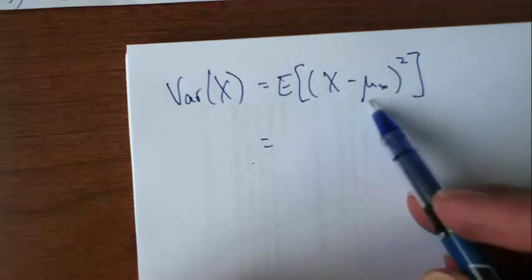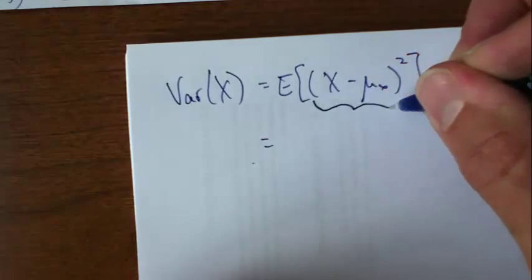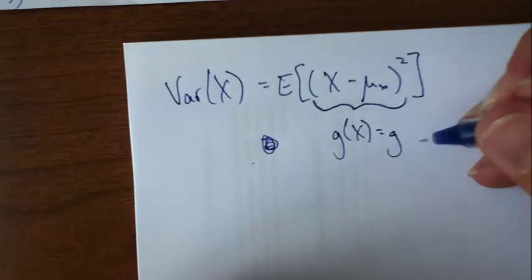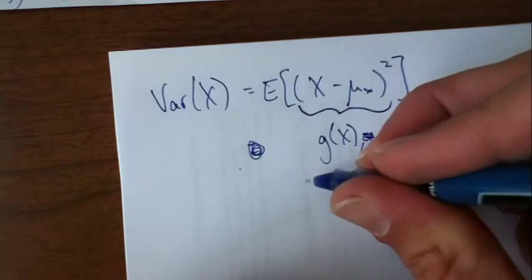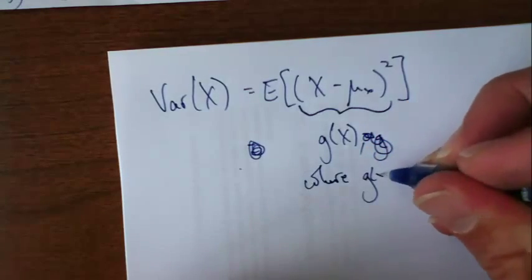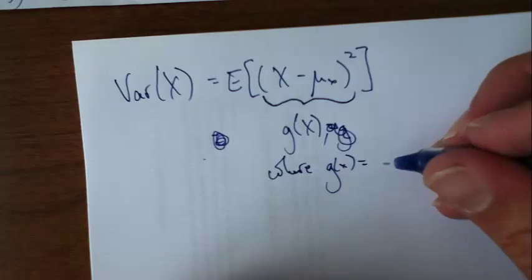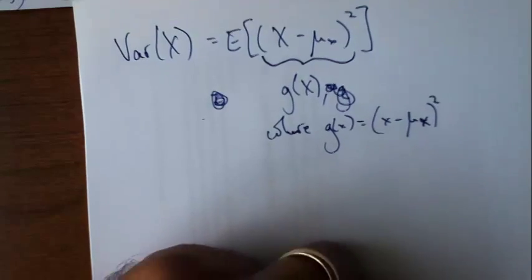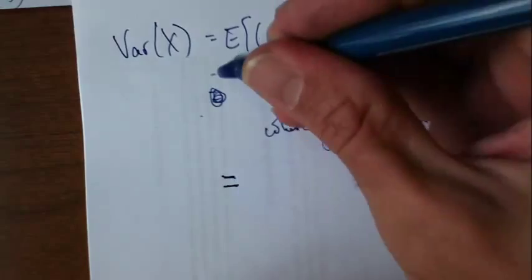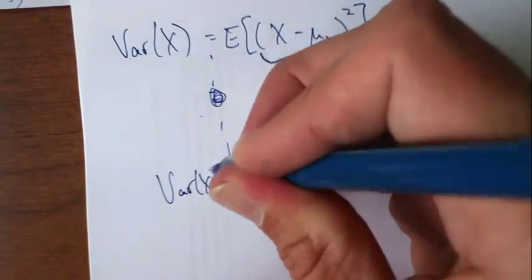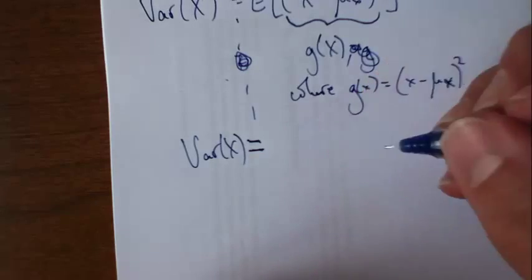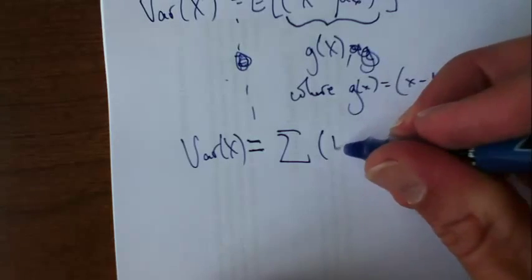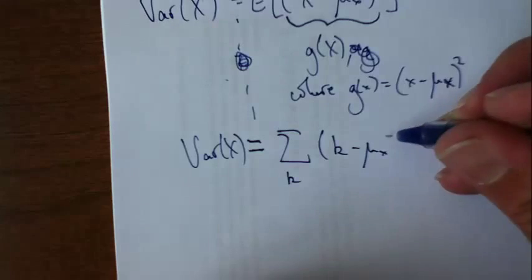This is really like g of x, where g of, say, little x is the function (x minus mu sub x) squared. So the variance of x you can write as the sum over k of (k minus mu sub x) squared times the probability that x equals little k.